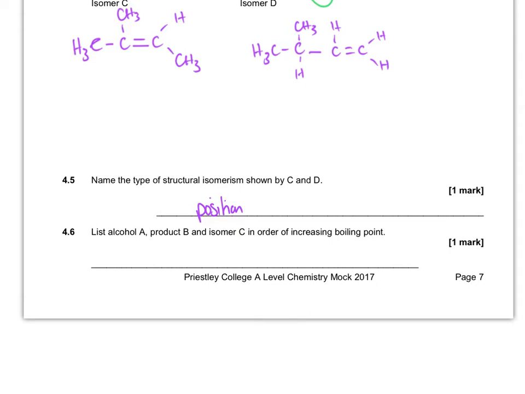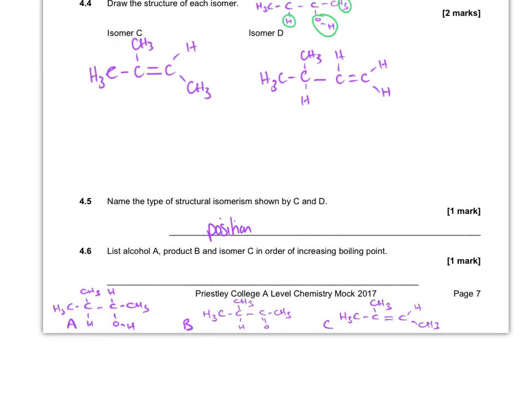List alcohol A, product B and isomer C in order of increasing boiling point. Okay, if we look at the three structures, we notice A has an OH, which is going to allow it to hydrogen bond. This has got a carbonyl group on it, which has got a strong difference in electronegativity between the carbon and the oxygen, so that's going to be dipole-dipole.